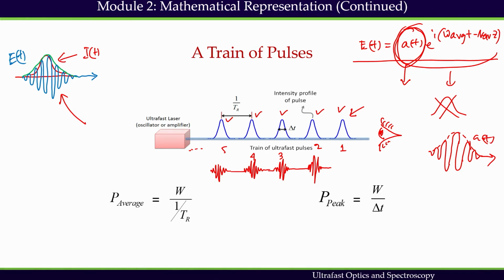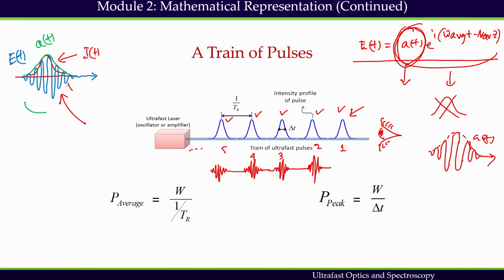We also should remember that when we talk about the pulse duration, this I(t) is the intensity profile, this green color is going to be the field envelope function, and E(t), this blue color in this picture, is representing the carrier wave.